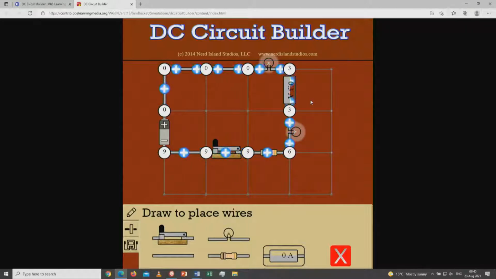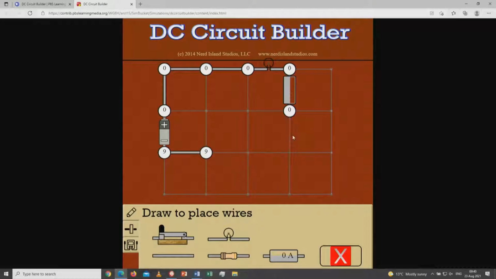As I've said in my introduction, sometimes, colleagues, we find it difficult to build circuits for our learners. Now that we can access this applet, we can set up circuits and let our learners play with the circuit and the components.